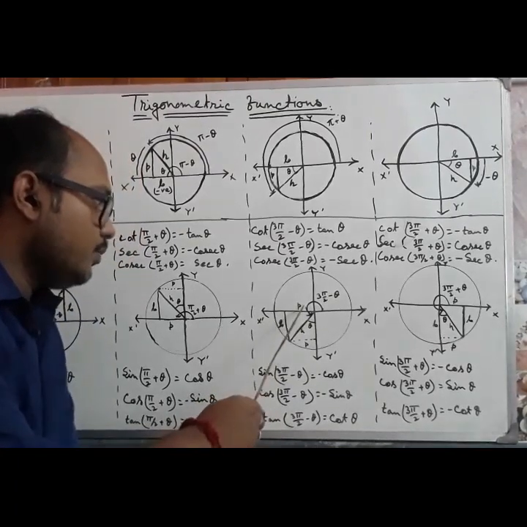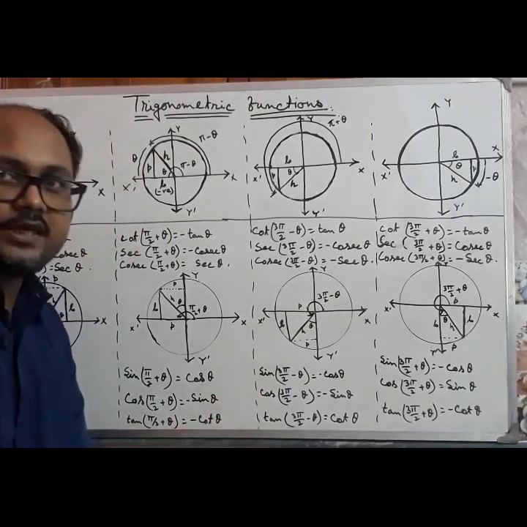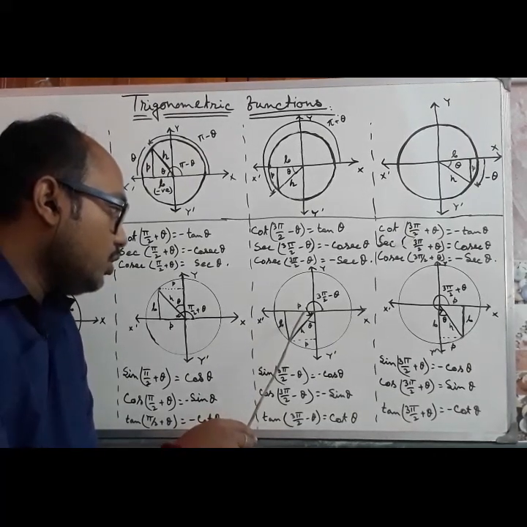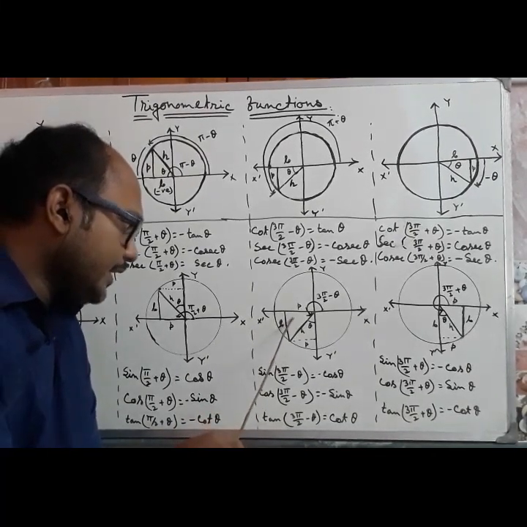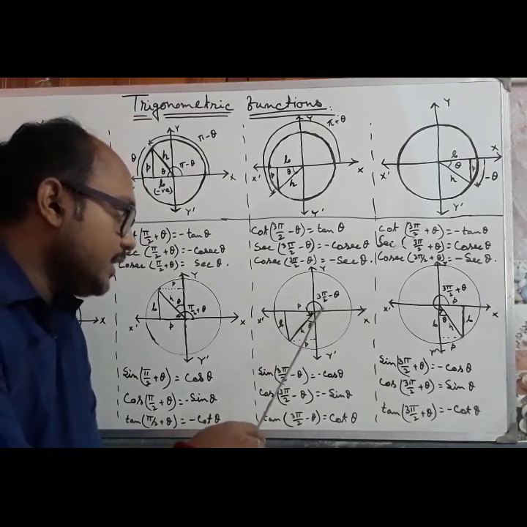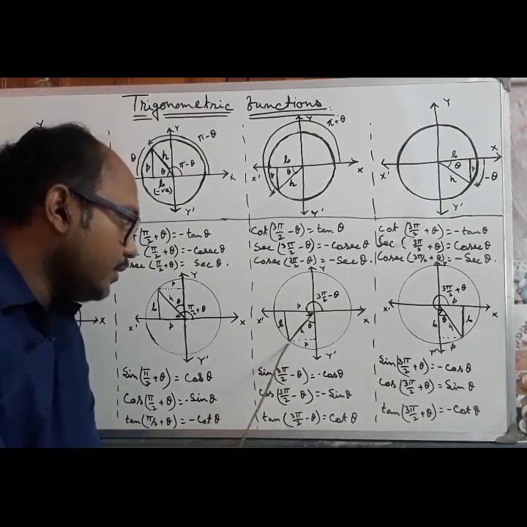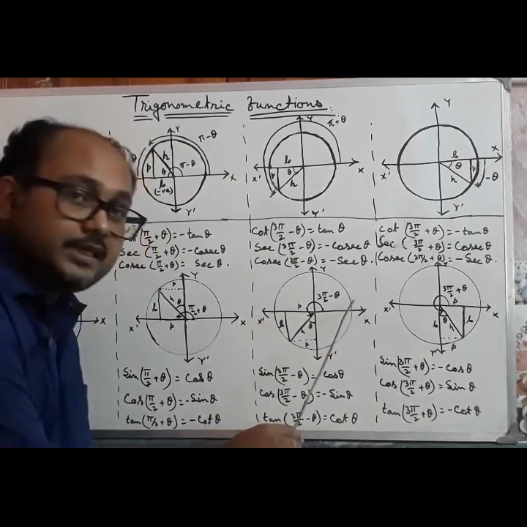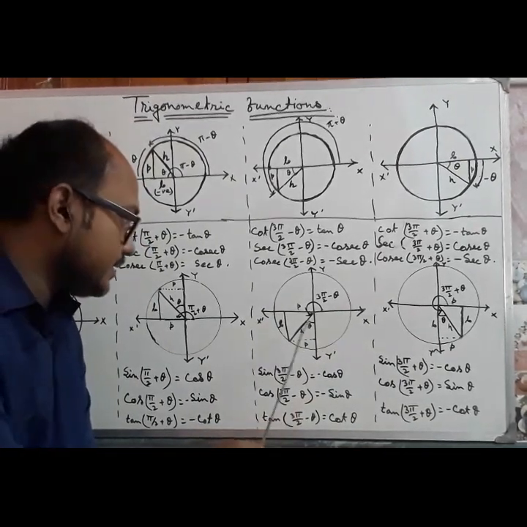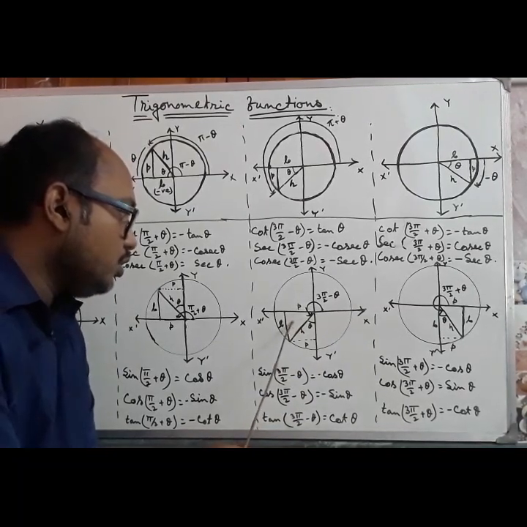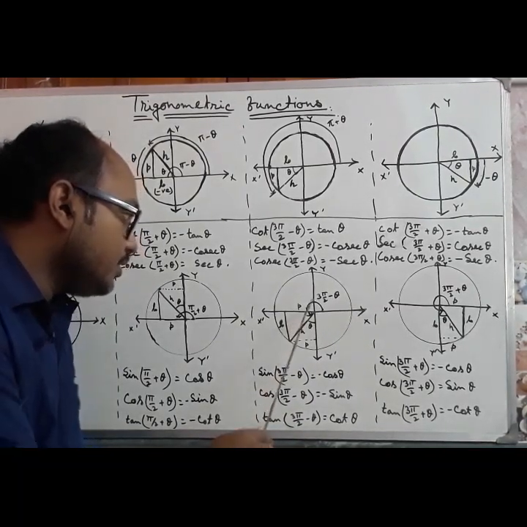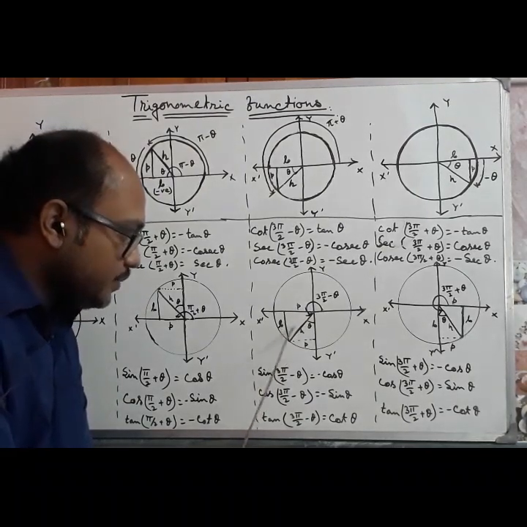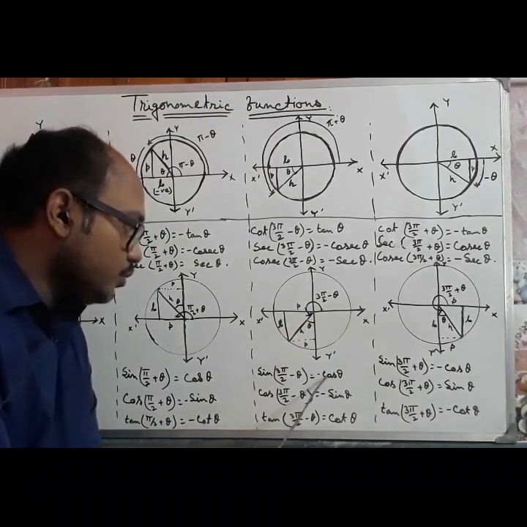You see, both P and B are measured in the negative direction of the x axis and y axis respectively. Taking this triangle, the terminal point forms the right angle with the horizontal axis, that is the x axis. This is the triangle. So sin(3pi/2 - theta) is perpendicular by hypotenuse, that is B by h, B is negative, so minus cos theta.